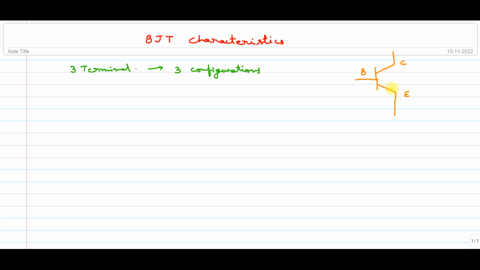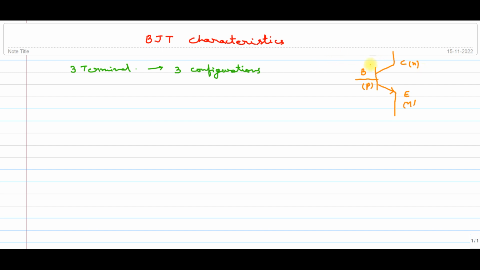At this place I have to mark the direction. As I have marked like this, current always flows from P to N. So this is P and this is N, and this is also N. So this is the diagram for NPN transistor.